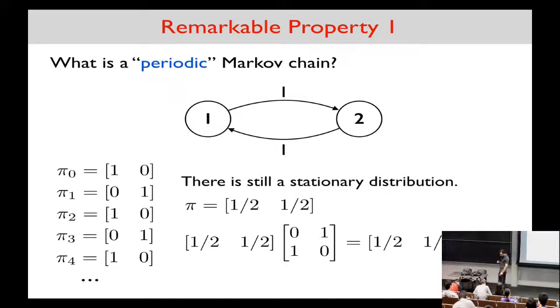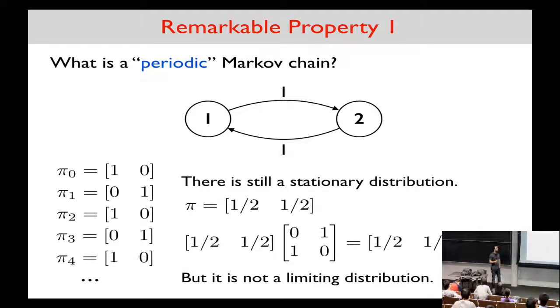So the intuition that, in the long run, it is going to be in state 1 half the time and state 2 half the time is actually correct. But on the other hand, there is no limiting distribution because it switches between these two distributions. And yes, you can have much more complicated periodic Markov chains, but this is the simplest one.